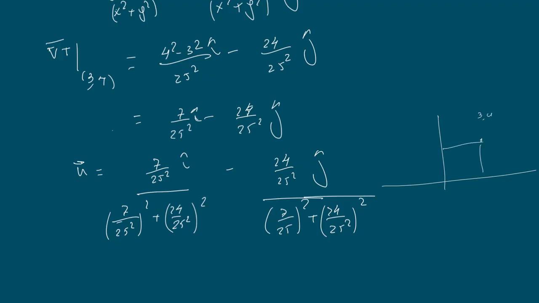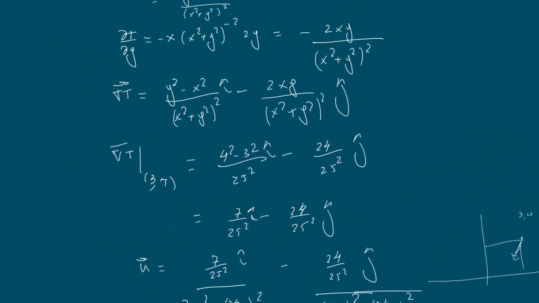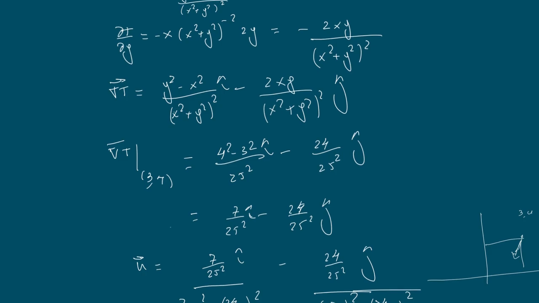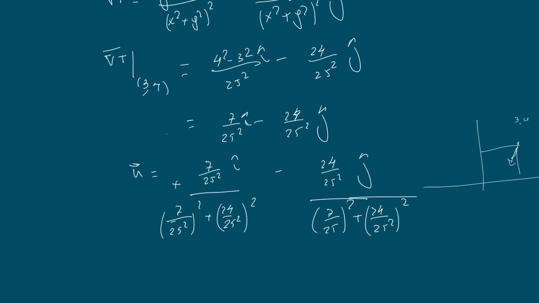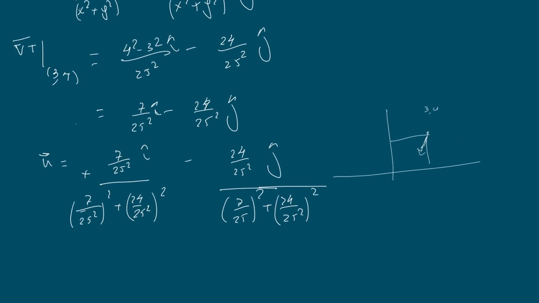and the gradient will go in some direction, maybe like this. Well, here we can see it is positive in the i direction and negative in the j direction, so it will go something like this.